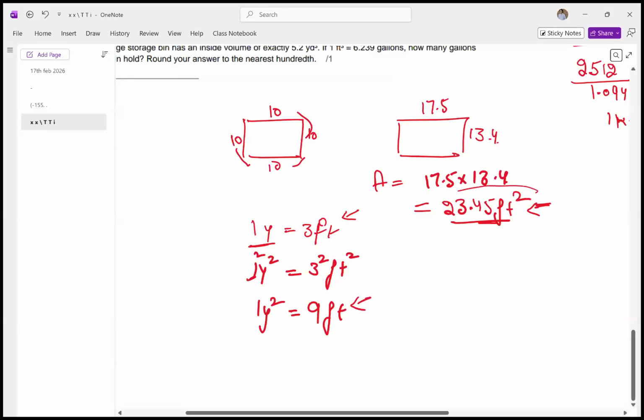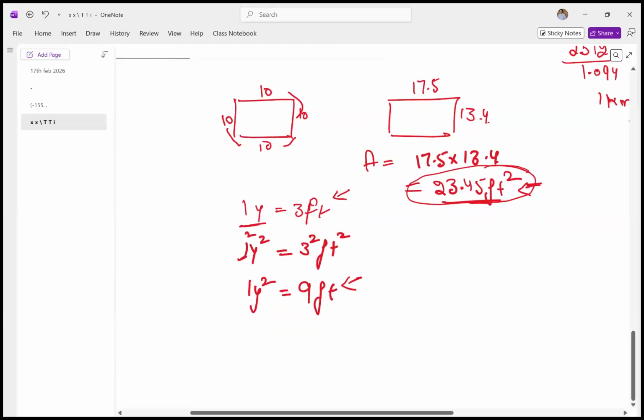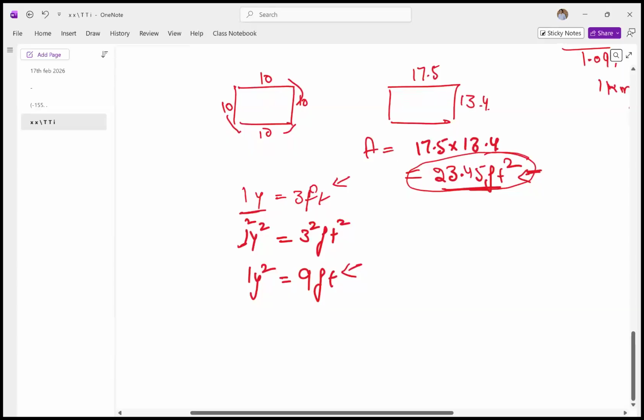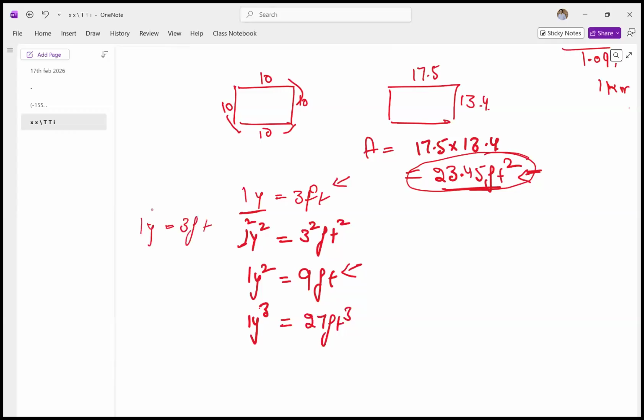If you are converting the area directly into another unit, you must keep an eye on the units you are taking. Same way, one cubic yard will be equal to 27 cubic feet, because 1 yard was equal to 3 feet, so 3 cubed. So 1 cubic yard is equal to 27 cubic feet if you are doing the volume. So please keep an eye on this.